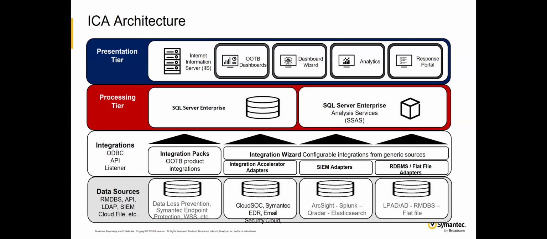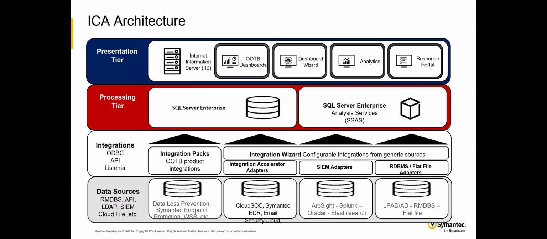Then there is the integration layer with our integration packs supporting predefined data sources. At this layer, there is also an integration wizard to support user-defined data sources. I will expand on that integration layer a little later to talk about what and how that brings information in.